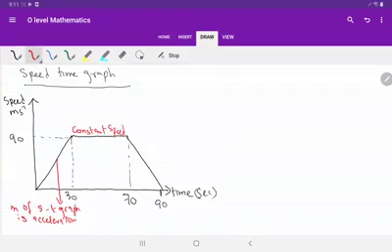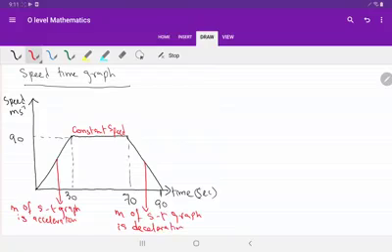In distance time graph, the horizontal straight line represented rest, but in speed time graph, horizontal straight line represents constant speed. The particle is not at rest. In the last portion, the gradient of speed time graph is deceleration or retardation.